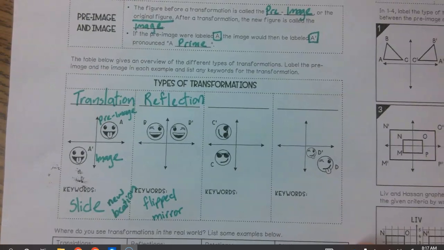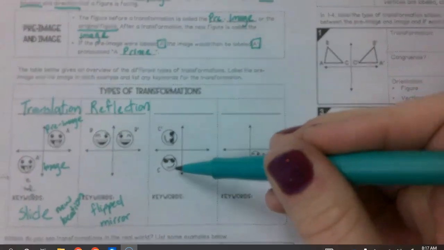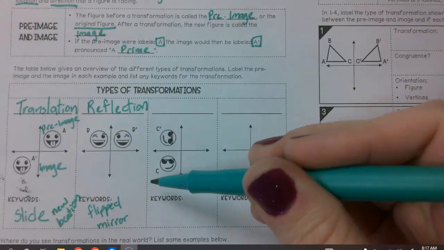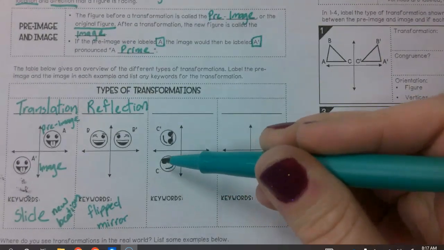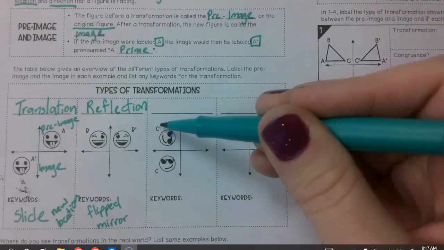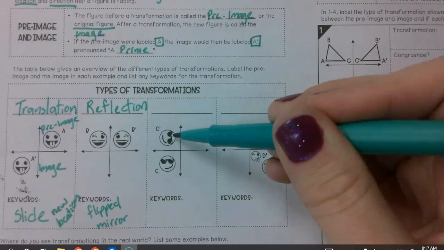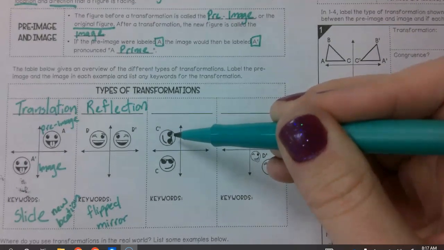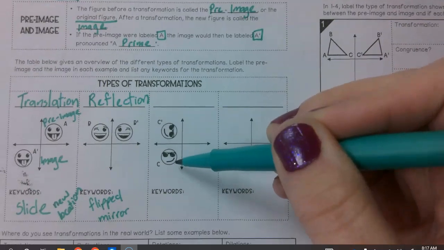All right, this next one, we started with smiley guy right here. C is our pre-image because it does not have a little line next to it. And C prime, this is what happened after the transformation, after we changed it. So let's take a look at Mr. Smiley Guy with sunglasses. And we can see that something happened.